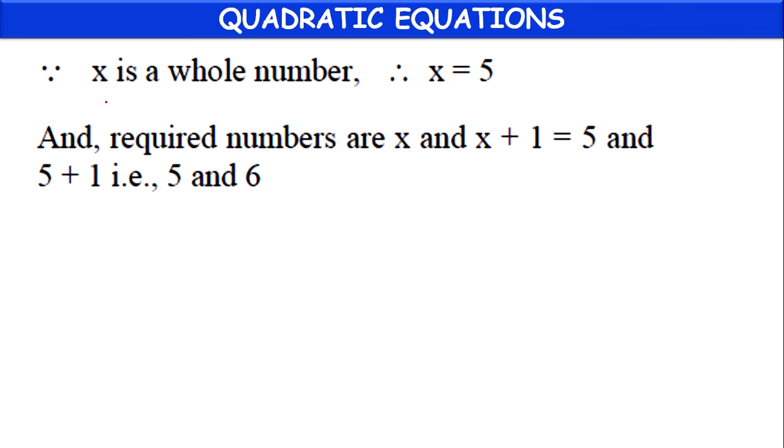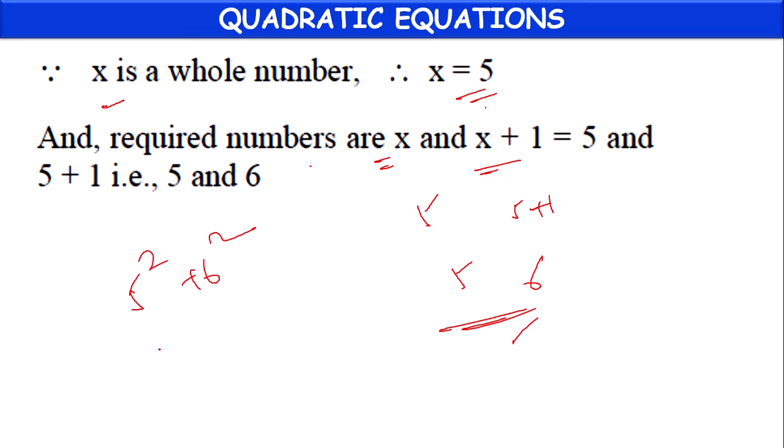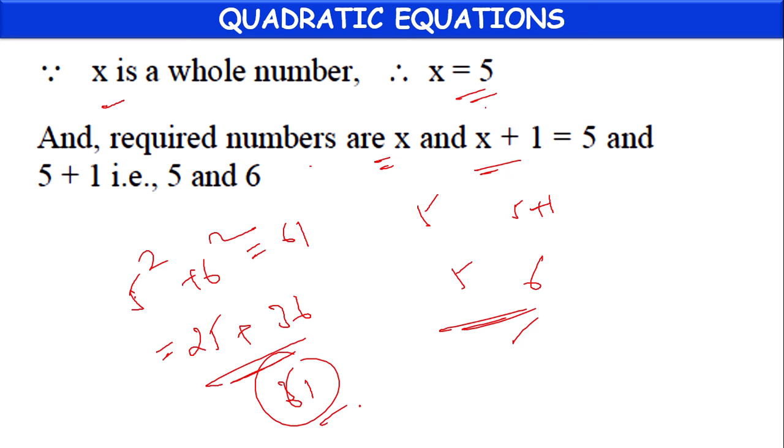So the required numbers are x and x plus 1, means 5 and 5 plus 1, means 5 and 6, such that the sum of their squares is equal to 61. 5 square equal to 25, 6 square equal to 36, which is equal to 61.